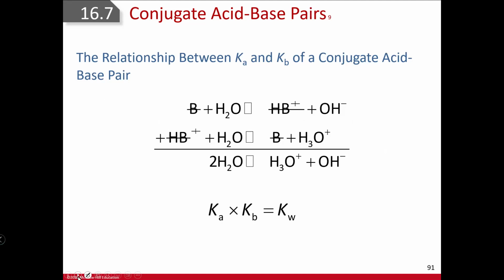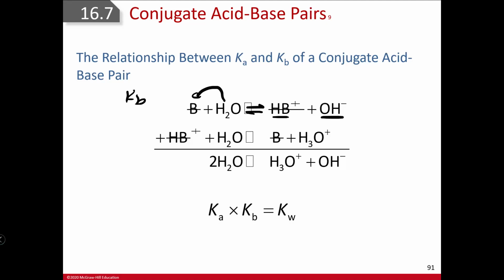Same thing with bases. So with bases, let's look at the general equation for bases here. You have a base reacts with water, and this again is a weak base. Hydrogen ions are donated to the base, we get HB positive, and the hydroxide ion is generated. This is a Kb, right?